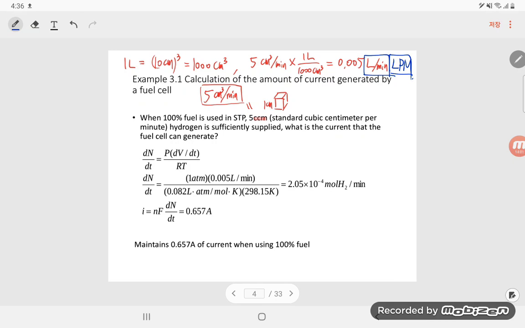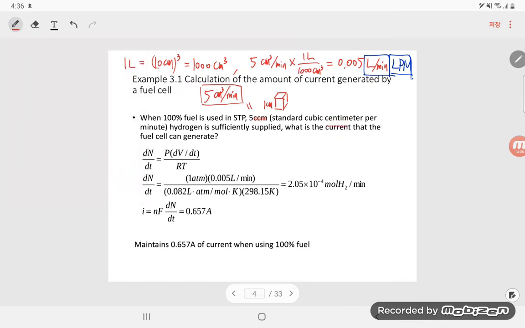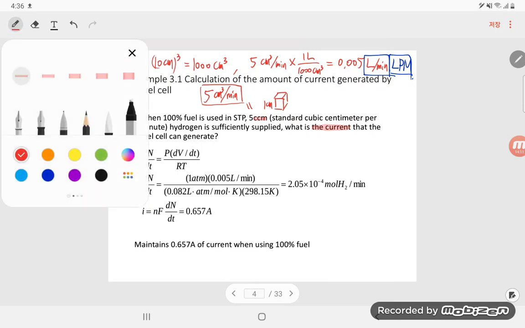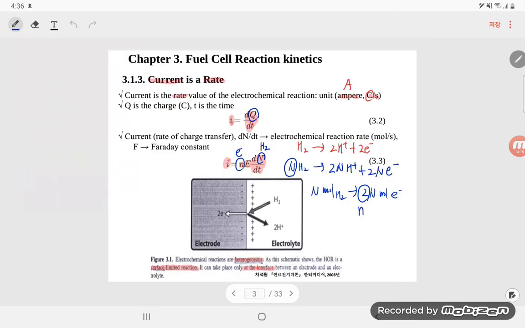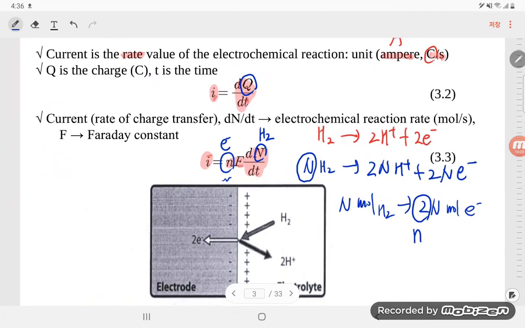Okay, so this is the concept definition of the CCM. And then let's calculate the current. In this question, we should get the current. Then how can we get this? Firstly, we define the current by using the number of electrons, that is 2 in this HOR, and F, the Faraday constant, and the rate of consumption of H2 by the electrochemical reaction.